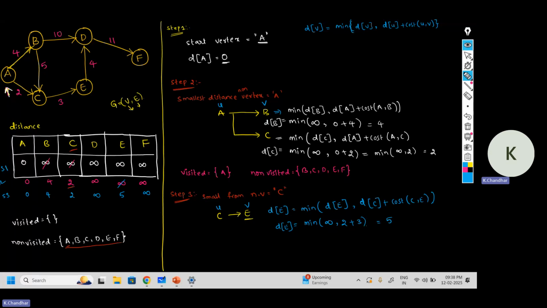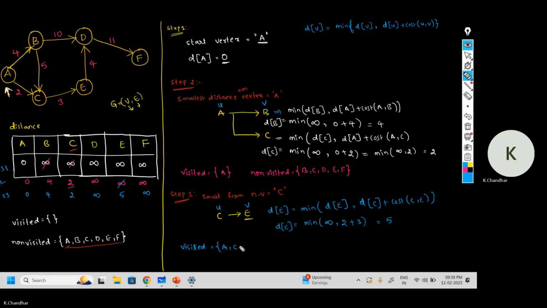Yes, which is completed. And what can I do? I need to update the visited and non-visited. So, visited vertex. What is the visited? Previously visited is A, and what is the other thing I need to include?